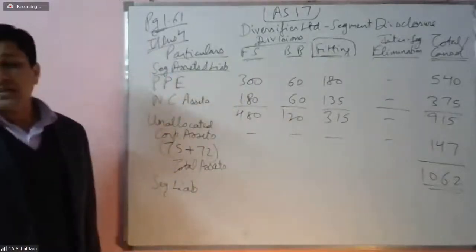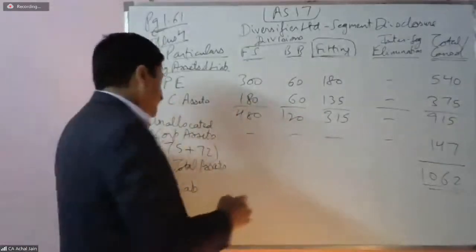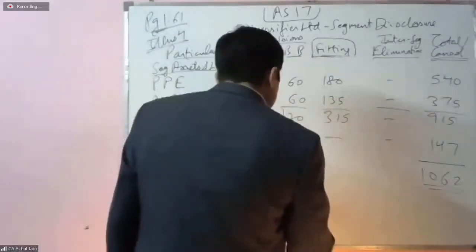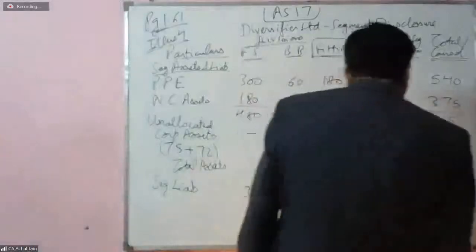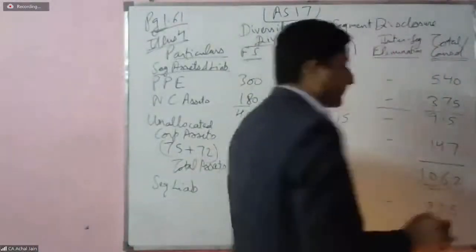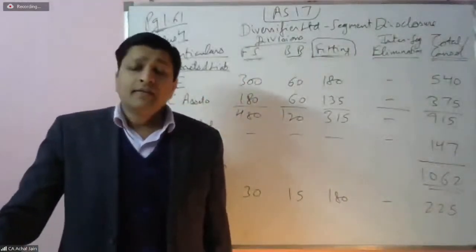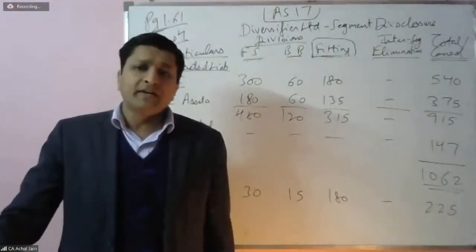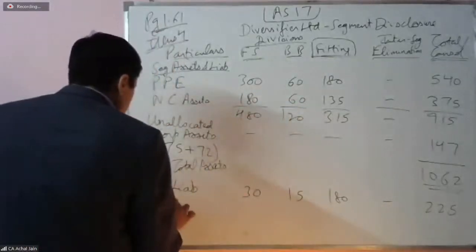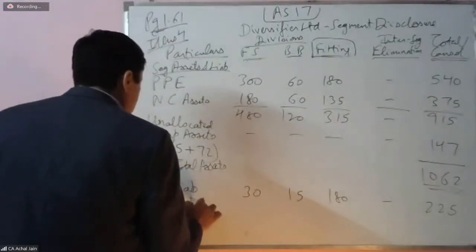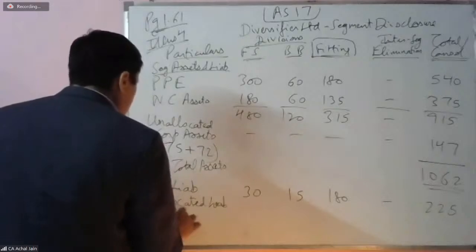In terms of segment liabilities, we have long-term liabilities, which are specific to the segment. 30, 15, then 180, which makes it 225. But at the console level, once again, we have certain unallocated liabilities of the head office. So we'll say unallocated liabilities of head office.